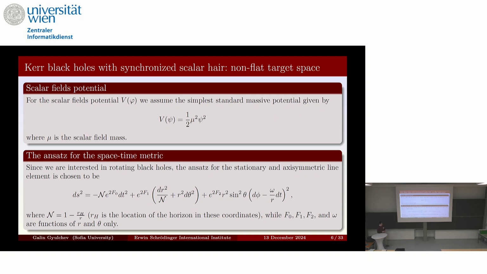If we use this standard form of the massive scalar fields, after that we consider this general form of the axially symmetric metric, where only the coefficient n has this analytical form, h is in these coordinates, and the other coefficient functions f1, f0, and f2, omega, are numerically known, and they depend on the coordinates.